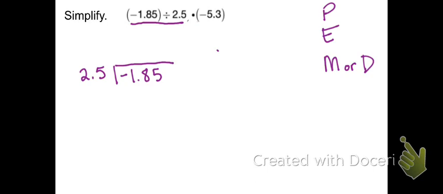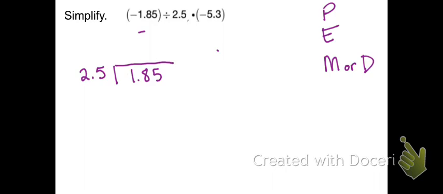I want to look at that and just ask myself, is the answer going to be positive or negative? When you have one number positive and one number negative, that means our answer is going to be negative. So let's just write down negative and know our answer is going to be negative, but then just divide as if they are both positive numbers.